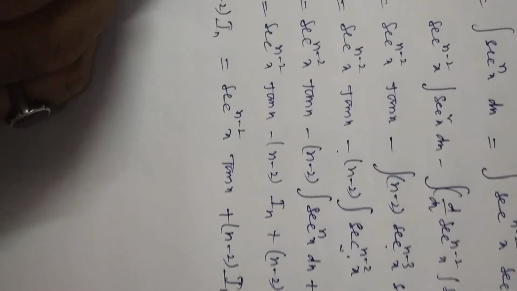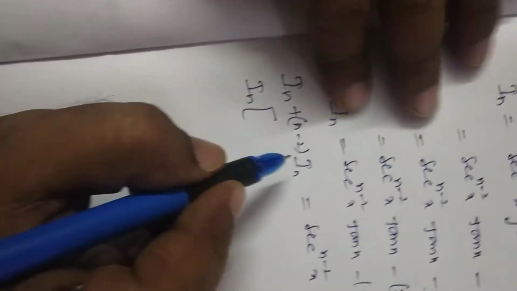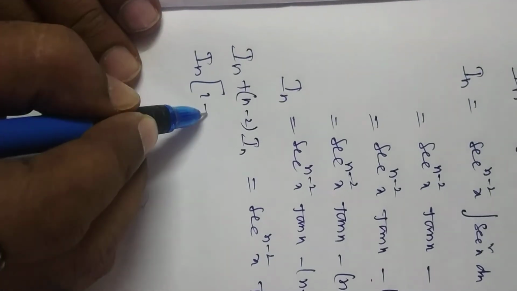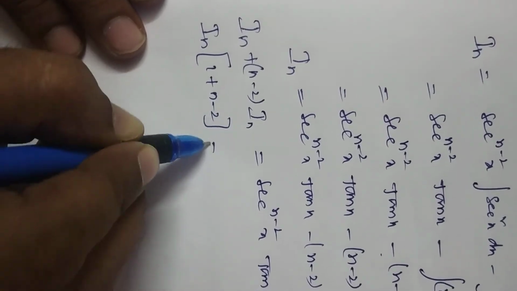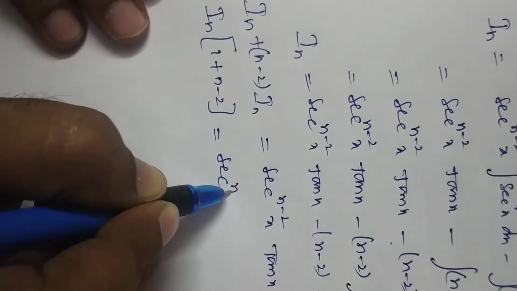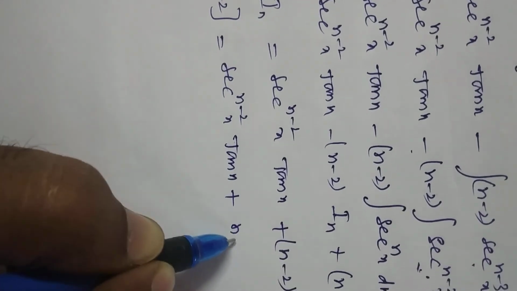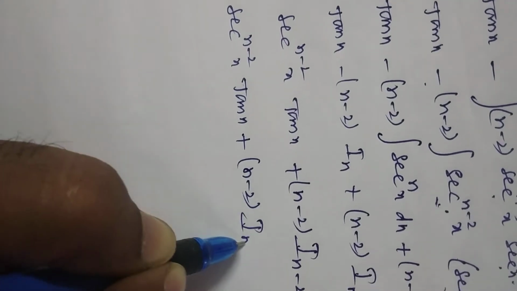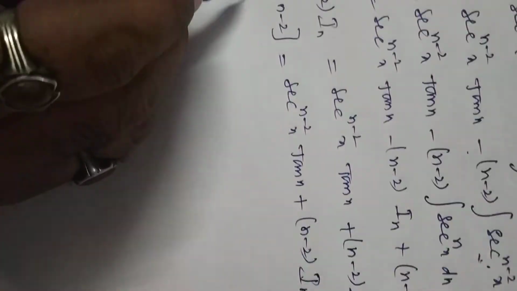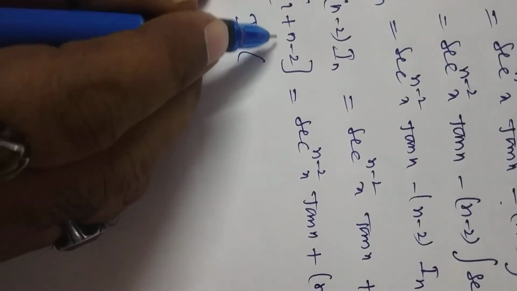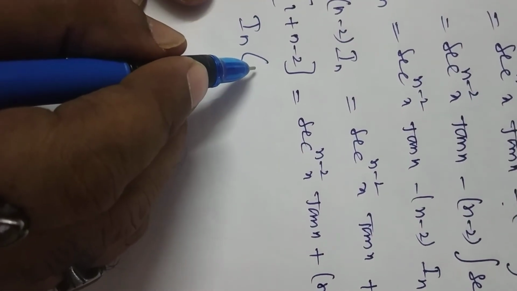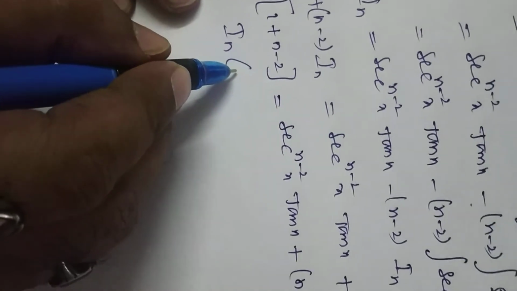Now here if I n is taken common, 1 plus n minus 2 is equal to secant power n minus 2 of x into tan x plus (n minus 2) into I n minus 2. So I n into (n minus 2 plus 1) is n minus 1.